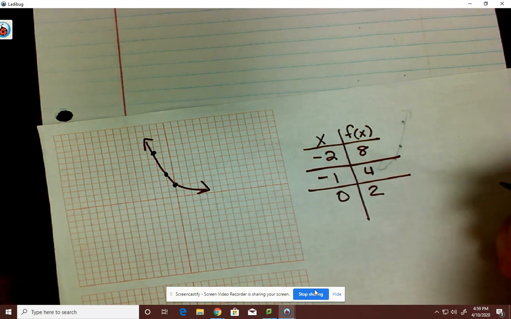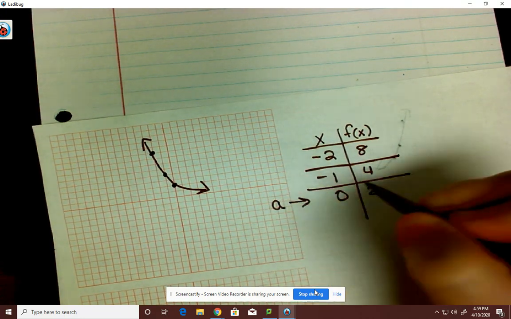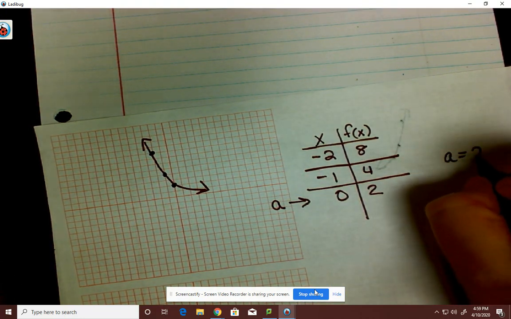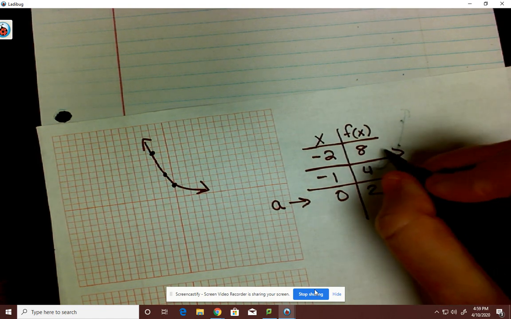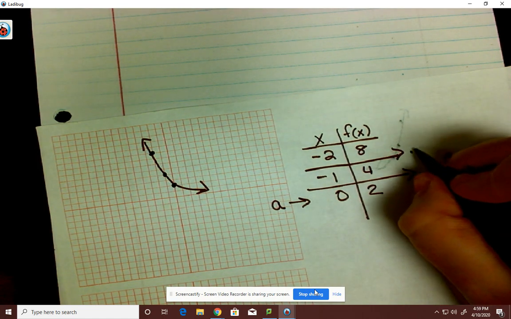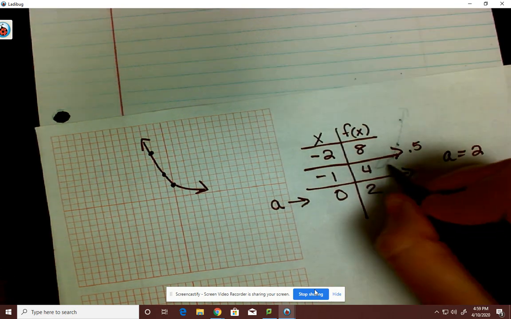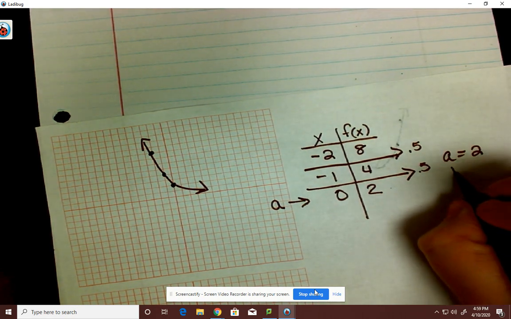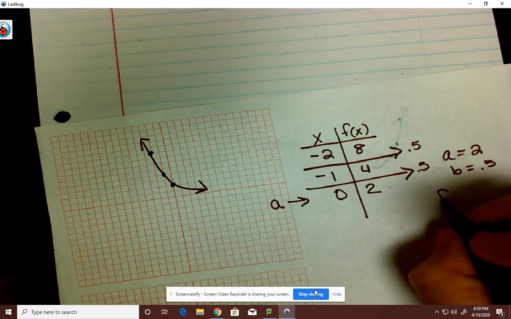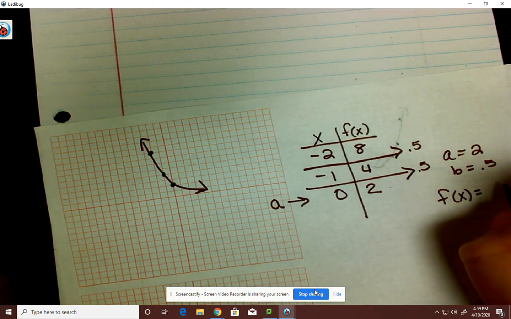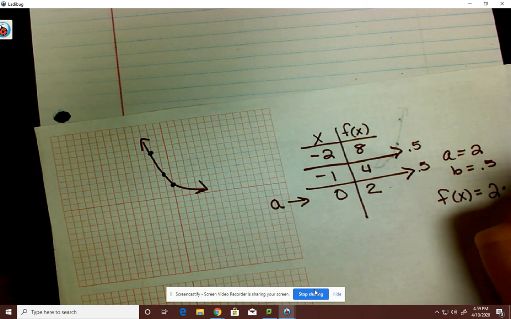All right, so here we can see what our a is. So a is 2. And then when we divide, 4 divided by 8 is 0.5 or 1/2. 2 divided by 4, 0.5. We use that. You can write 1/2 or 0.5. That's your choice. So this would be 2 times 0.5.